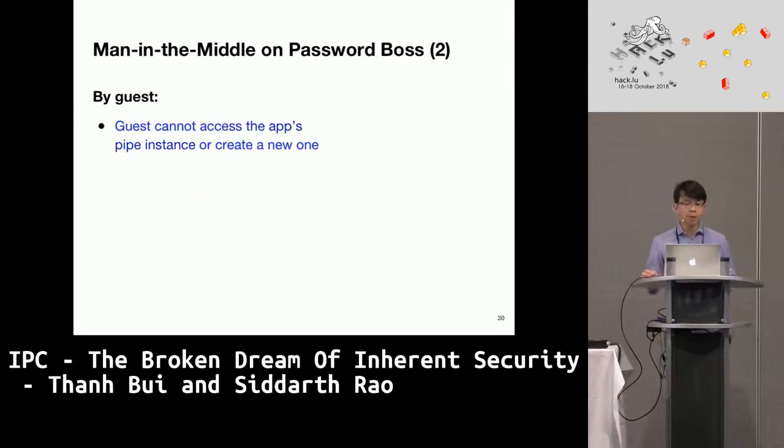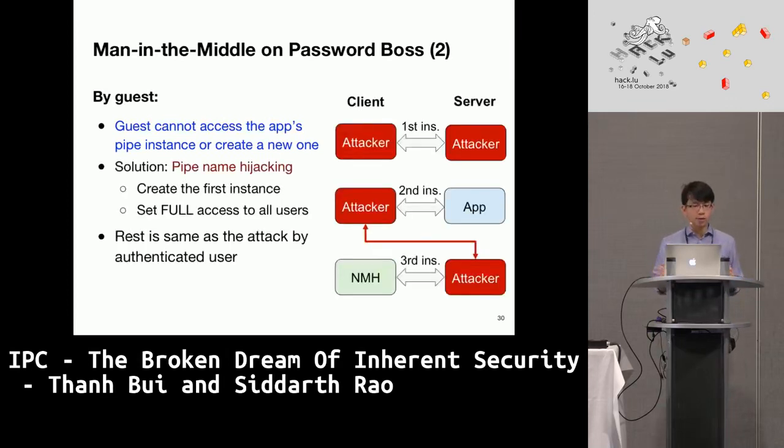It's a little bit more tricky to perform the attack as a guest user because, as I mentioned before, the access control list of the pipe allows access only from the authenticated user. So a process running as a guest user cannot connect as a client or create a new instance of the pipe. The solution here is pipe name hijacking.